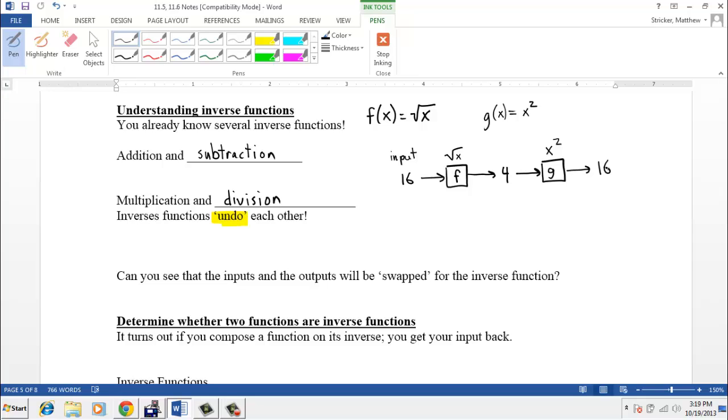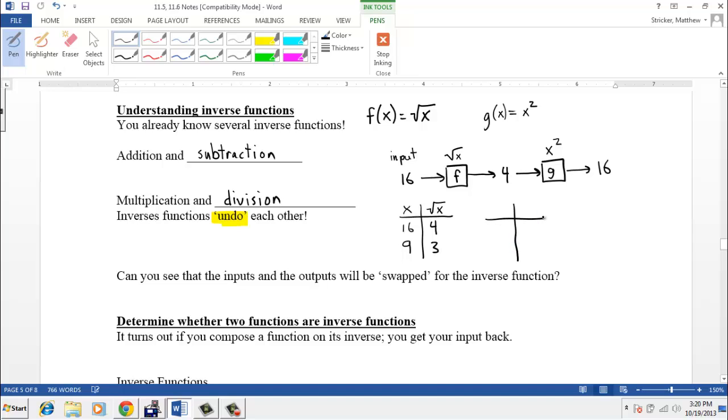So can you see that the input and output values would be swapped for inverse functions? Look at this. For f of x, the input is 16, the output is 4. So, it kind of looks like this. If we have x and square root of x, if the input is 16, the output is 4. Or if the input is 9, the output is 3.